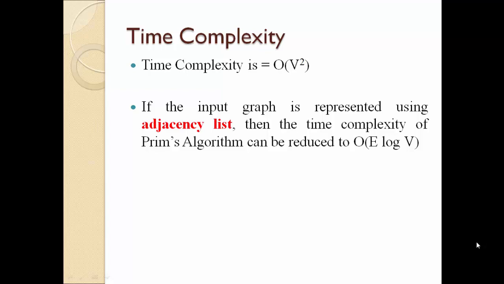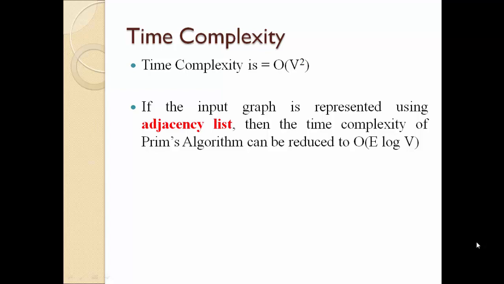But when we represent our graph by using an adjacency list, at that time we can find the solution by using a binary heap also, so we can say the time complexity can be reduced if we use an adjacency list to represent our graph.